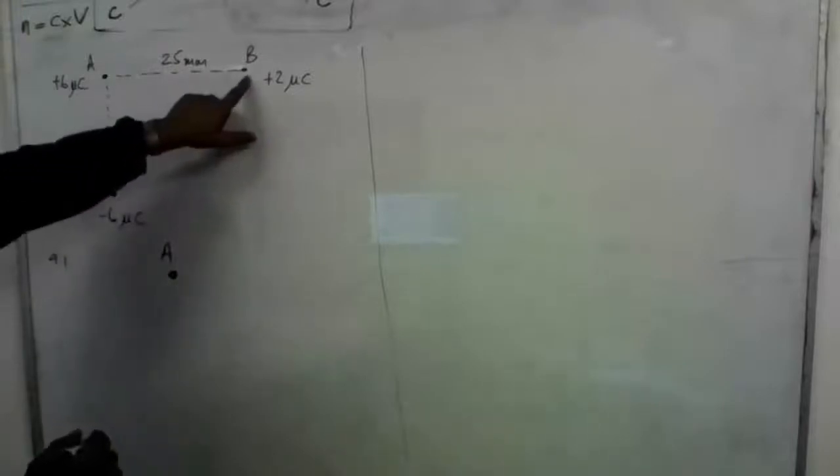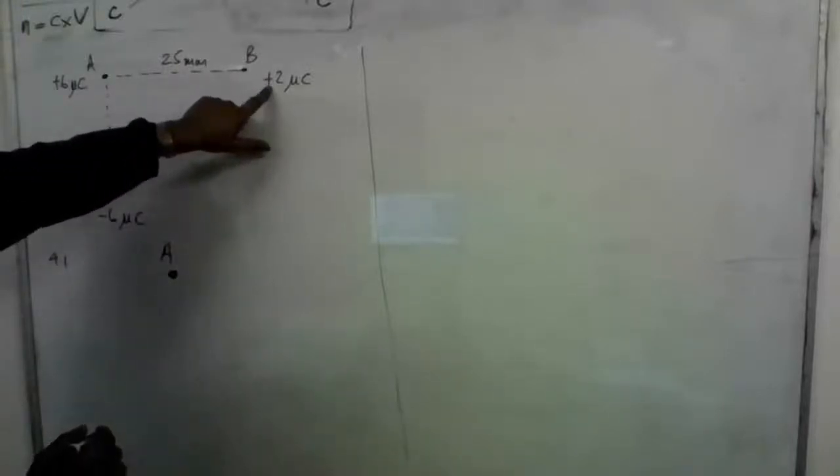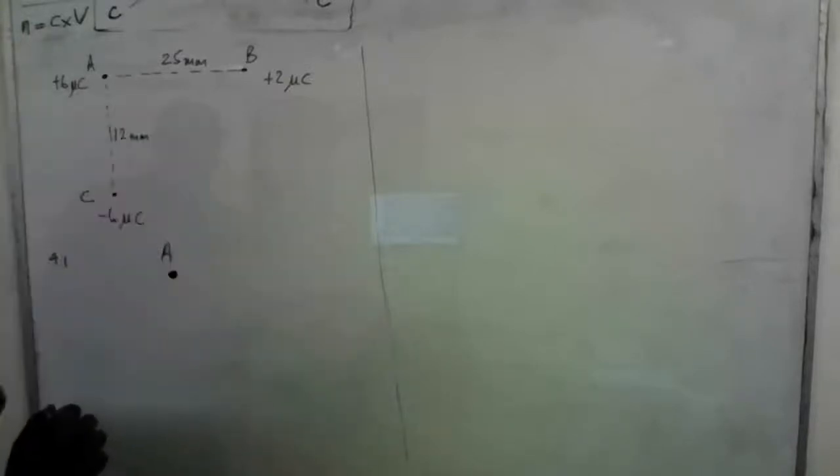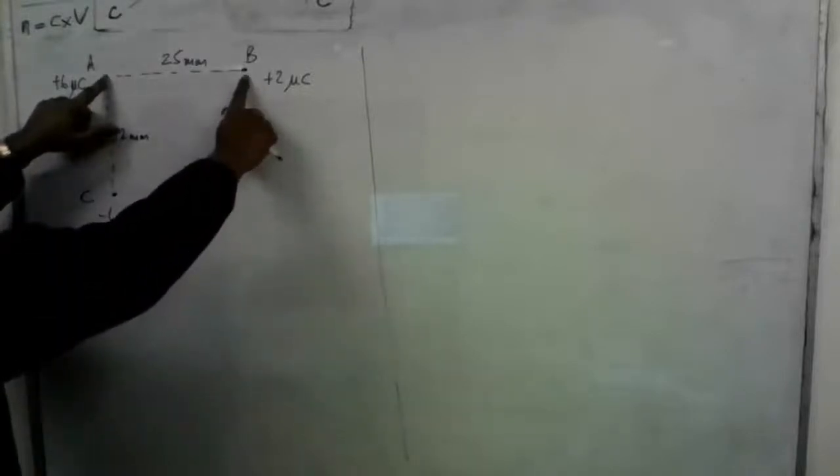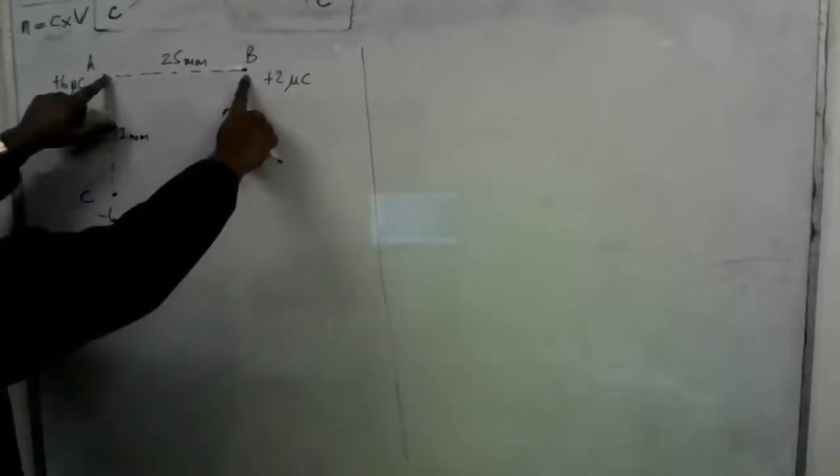Right, so that is charge A. So due to B, which is positive, A, which is also positive, like charges will repel. So therefore A will be repelled by B. Keep in mind B is fixed. So A will then be repelled towards the left.